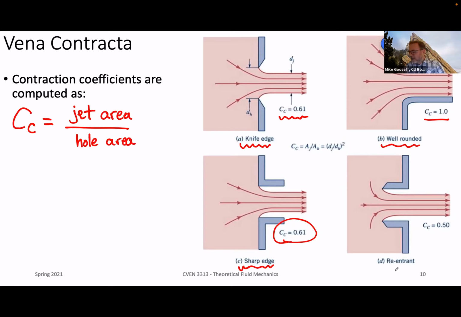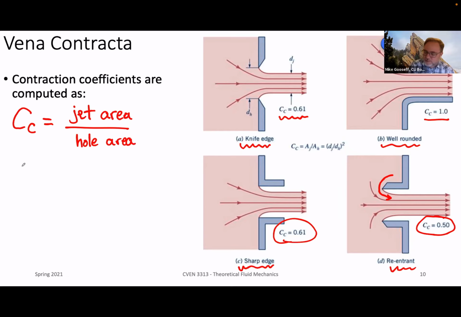And if we end up with a reentrant setup, in this case we have a pretty sharp edge. It's sort of moved back, which means that you may be looking at flow lines or streamlines trying to do something like that, right? It's more than a 90-degree angle. This is a really sharp, hard turn, and therefore your C sub C, your contraction coefficient, goes down even more. So now you're at half of what you may have expected.